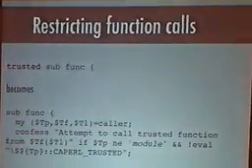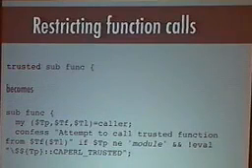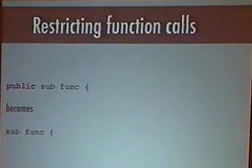When you declare a trusted sub, you get a similar thing. It has to be called from the same module or from trusted code, which is what this Capel trusted global was for. So that's just, again, you get the caller, you check whether it's the same module, or whether the module that called you was trusted. Public subs just become plain old subs in Perl, do no checking at all.